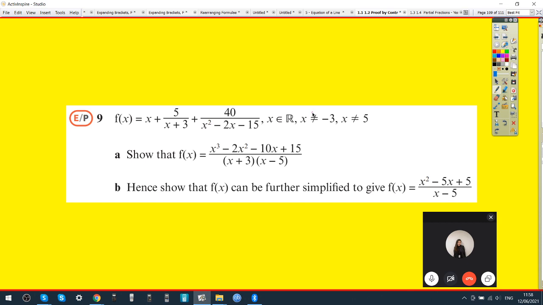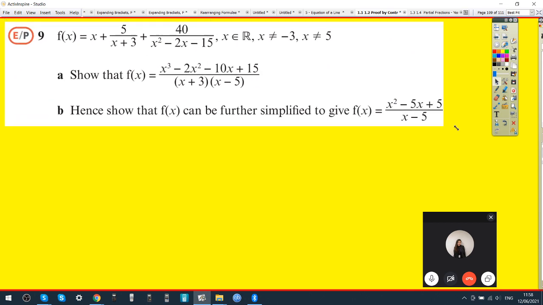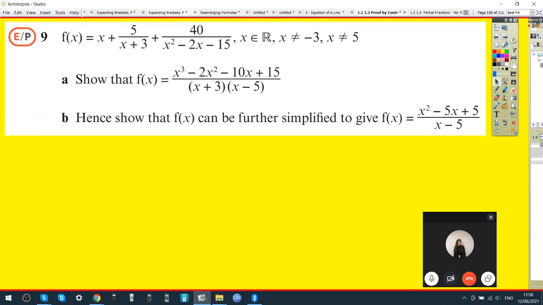Any idea how they did part B? They did this part A. The f of x is this x cubed thing. And then they said they can be simplified even further. Any idea how they went about that? Did they cancel out the brackets instead of adding? So they cancelled out the x plus 3 bracket.